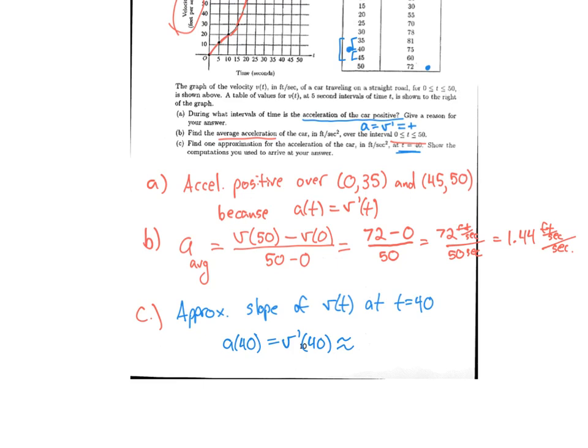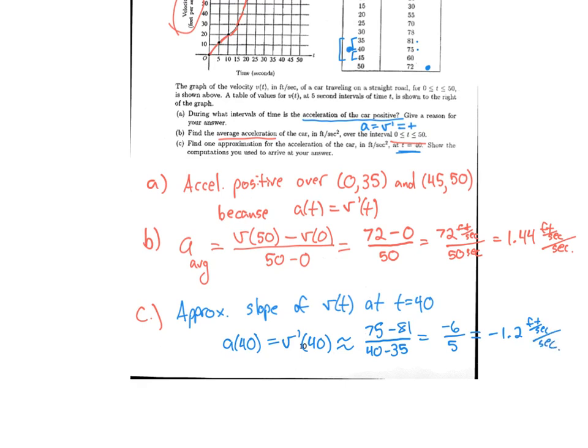So I would have 75 minus 81 over, so I'm getting those numbers from here, 75 minus 81 over 40 minus 35. Again, this is just the approximate slope. I have no way of knowing the actual slope at 40 because I don't have an equation, but we can approximate the slope by using values from the table. So that would give us negative 6 over 5, which is negative 1.2 feet per second per second.